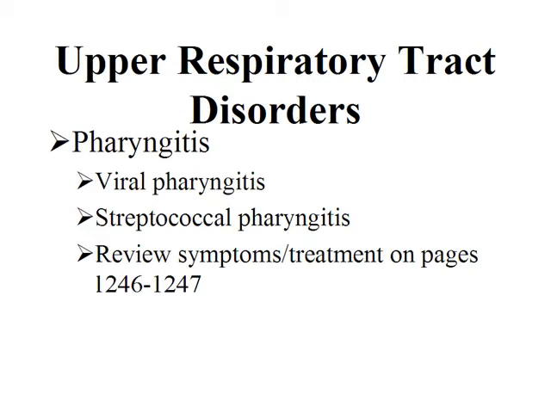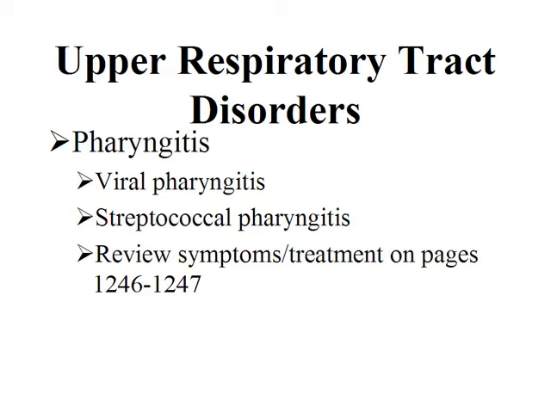Starting with some upper respiratory tract disorders, pharyngitis. Can be viral or bacterial in nature, and you have a review of symptoms and treatments for either viral or streptococcal pharyngitis on pages 1246 to 1247 in your textbook.